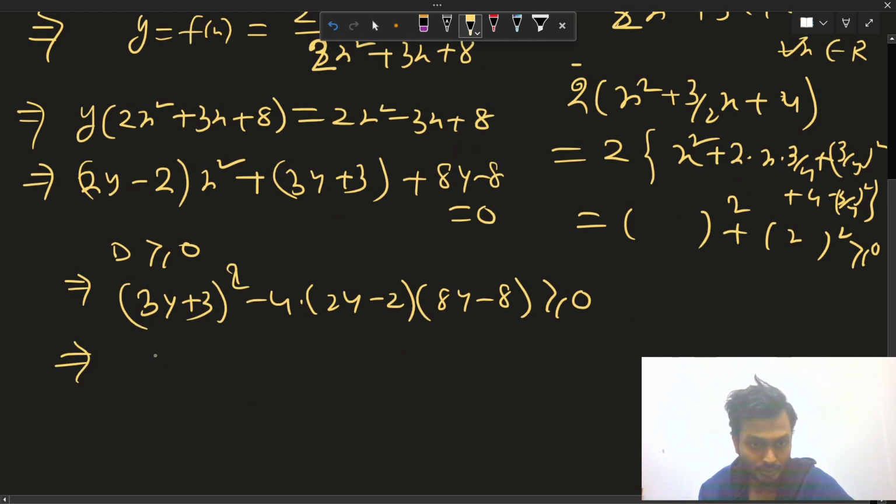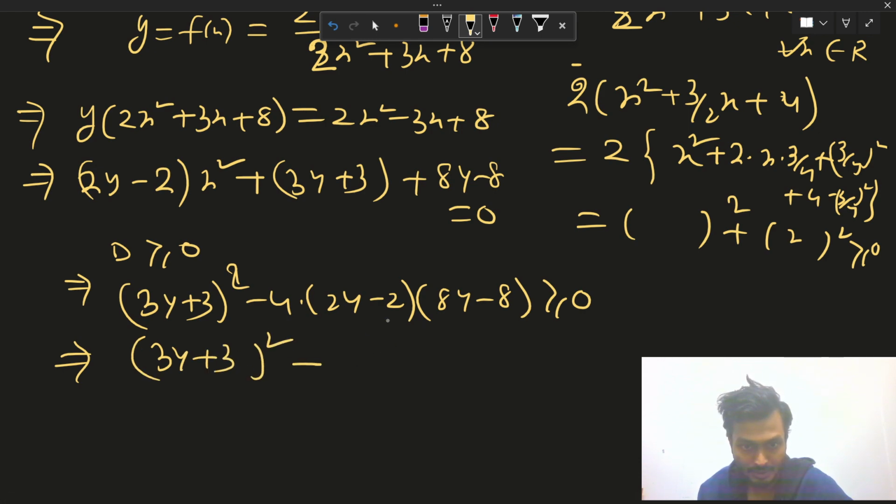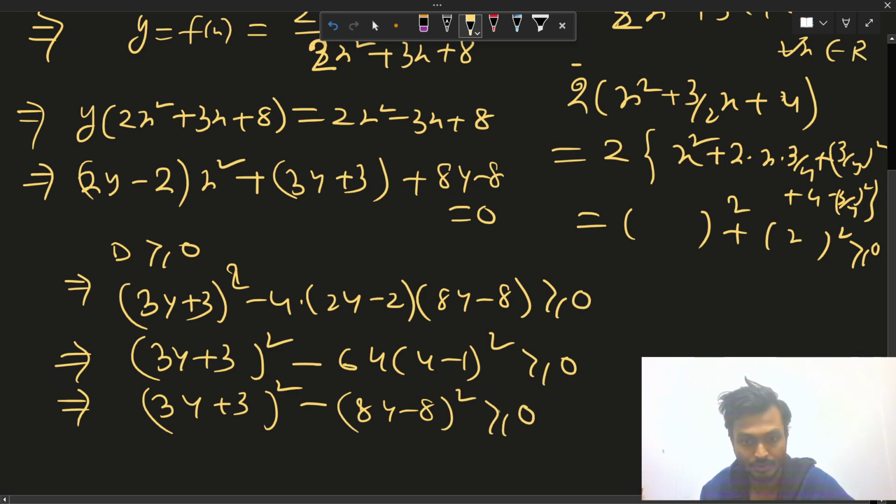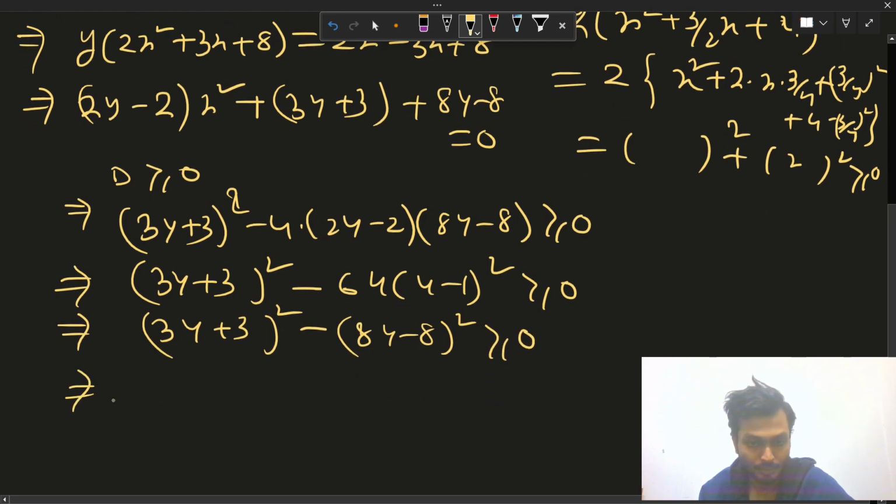So this is (3y plus 3) whole square minus, if we take common 2 and 8 here, this will be 64 into (y minus 1) whole square, greater than or equal to 0. So this can be written as (3y plus 3) whole square minus (8y minus 8) whole square greater than or equal to 0, right? Now if you do (a plus b) into (a minus b), what we get?